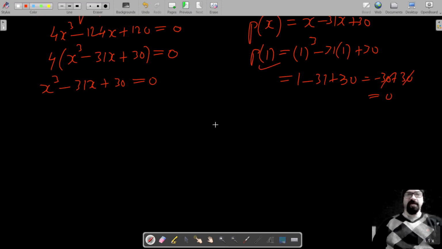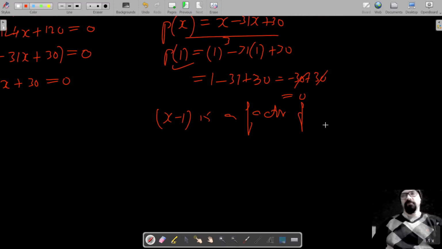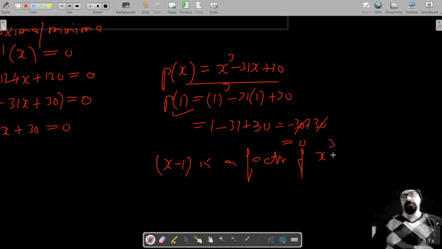So that means x minus 1 is a factor of this polynomial, x cubed minus 31x plus 30.